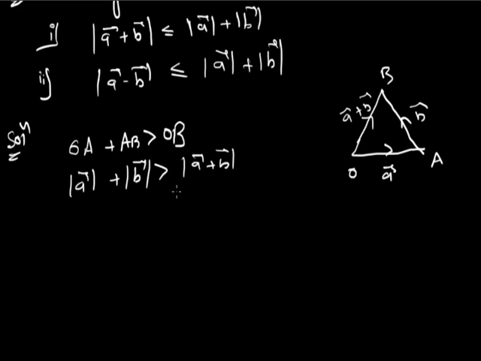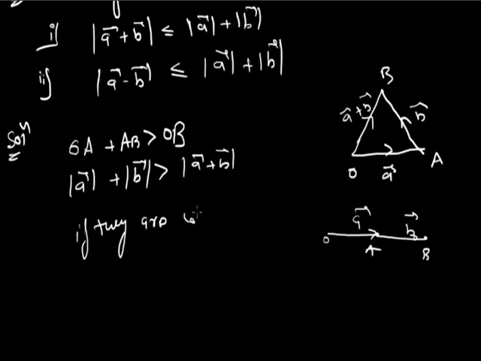Now in this question, the equal to sign is also given. If they are collinear, like in this condition OAB, then the magnitude of a vector plus b vector is equal to the magnitude of a vector plus the magnitude of b vector.